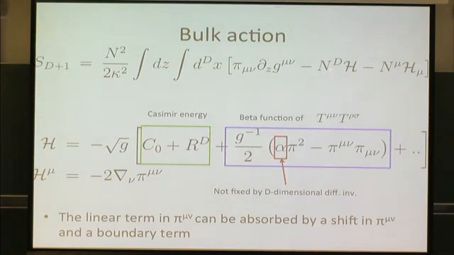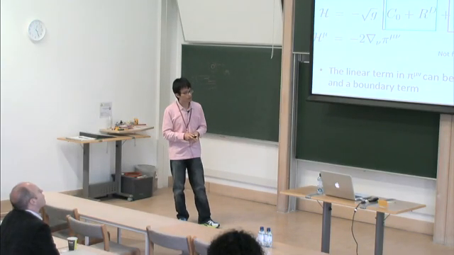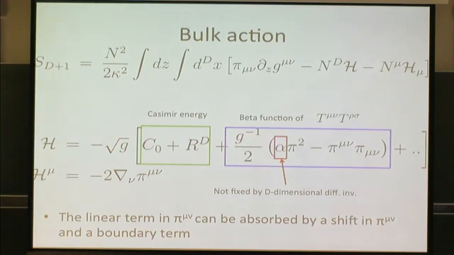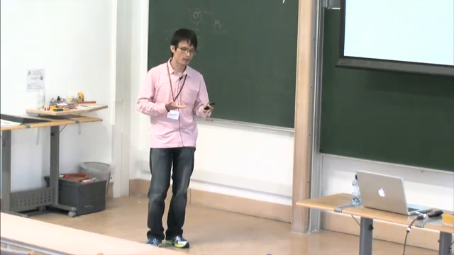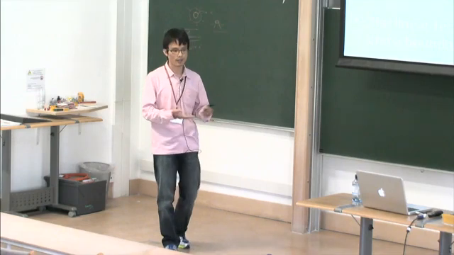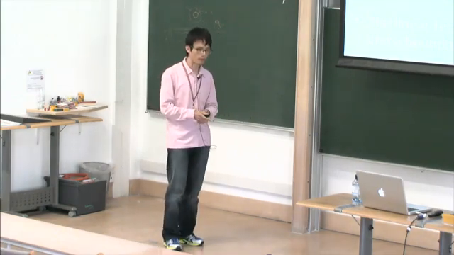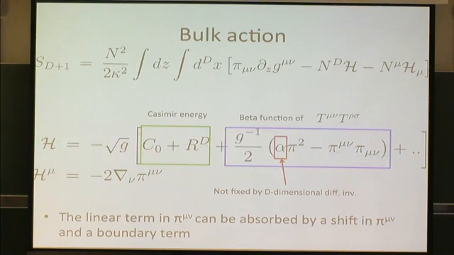Likewise, this is the speed of RG, which is also a d plus 1 dimensional function in general. And this so-called momentum constraint is very straightforward. It's universal. It's just determined by how the metric transforms under coordinate transformation. When you keep d-dimensional diffeomorphism invariance, this is completely fixed.